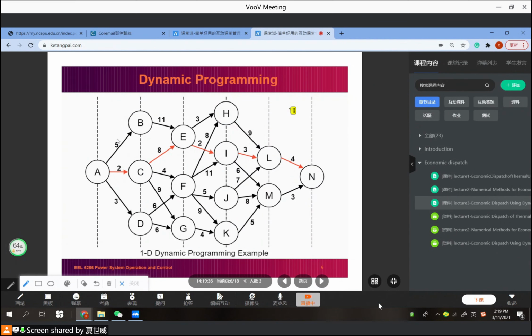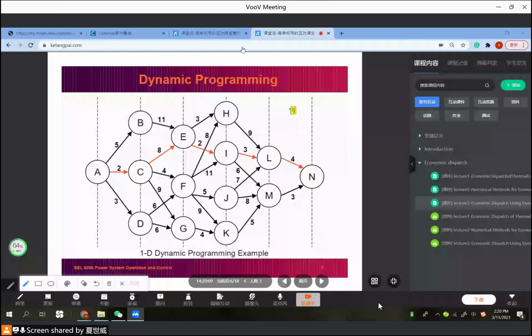Maybe this is the time cost or traveling fee cost. It doesn't matter. I just want to tell you that if you choose different paths, the total cost will be different. So our problem is how to find the most economic path, or the path with the minimal cost to travel from A to point N. Okay, that's our problem.